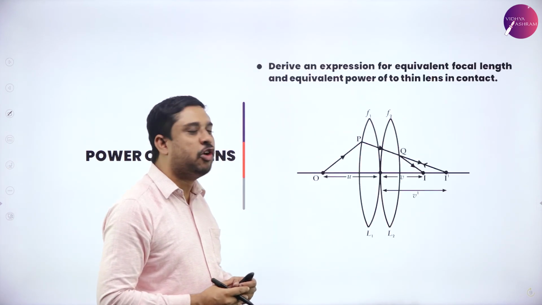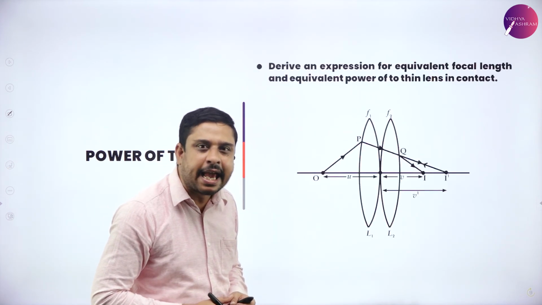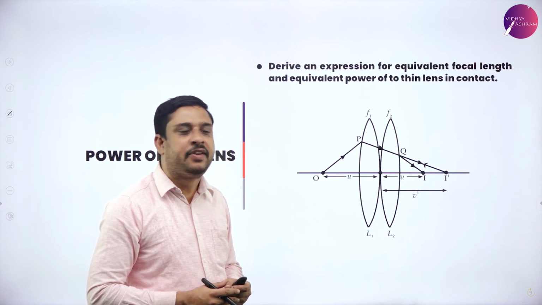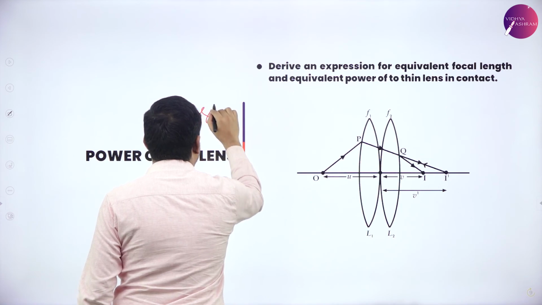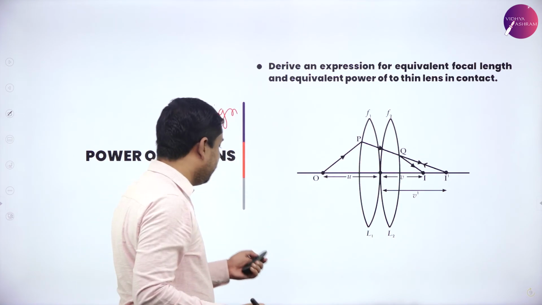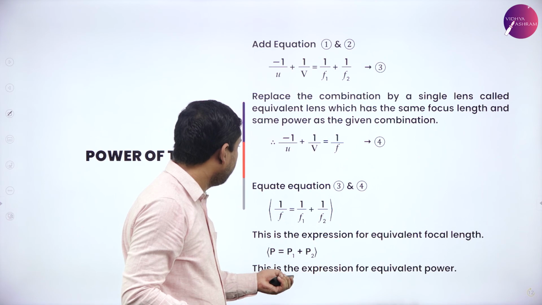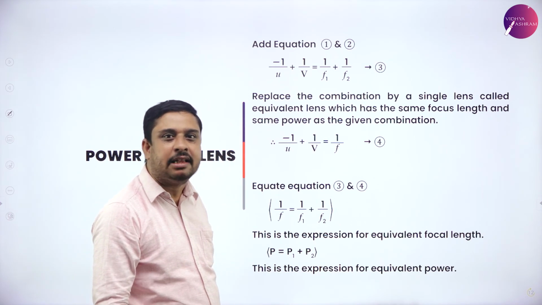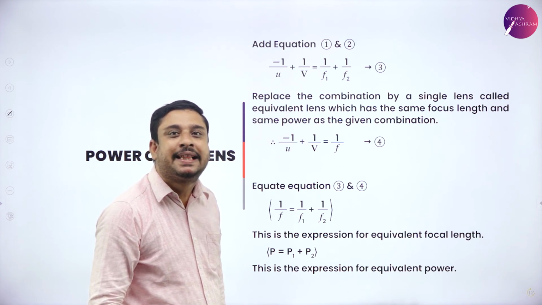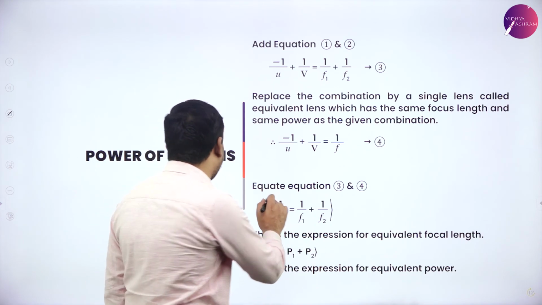This is an assignment for you all. Exactly as we derived an expression for lens maker's formula, derive the expression for focal length when 2 thin lenses are in contact.